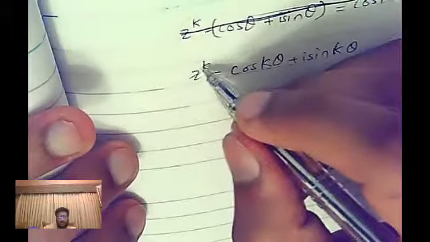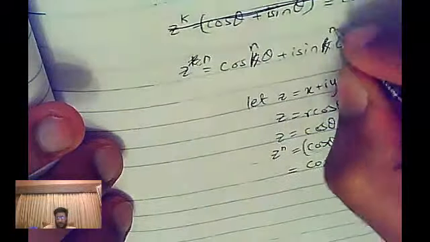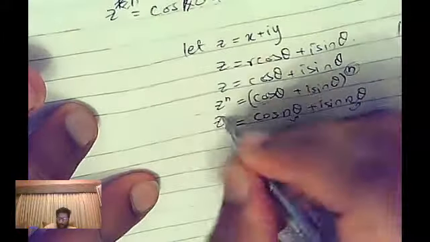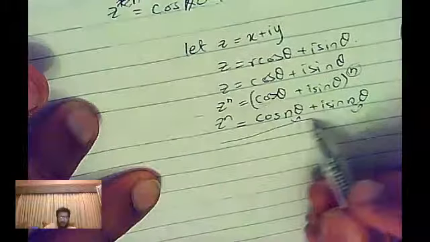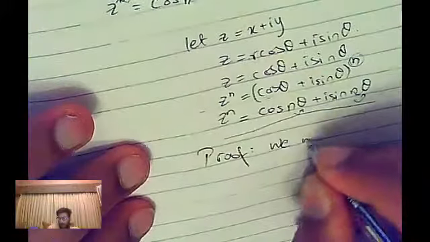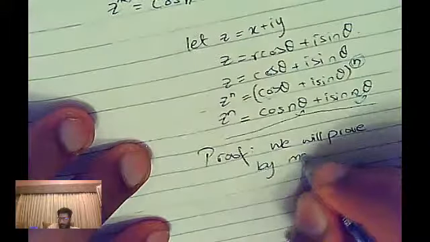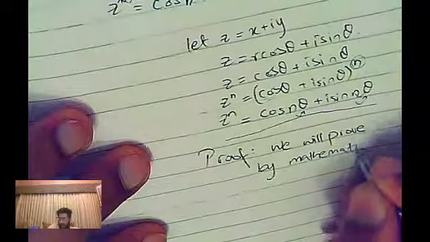Now, this is in terms of n. We have n over here, like this. Let's suppose that this is our De Moivre's theorem, so we will prove it by mathematical induction.